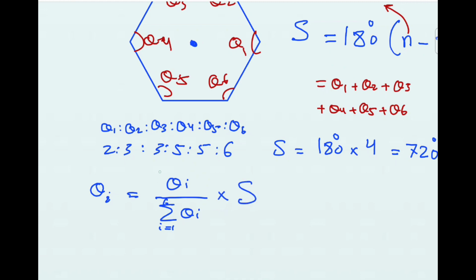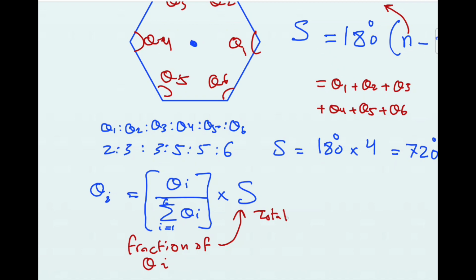So this is basically the fraction of theta i compared to the total sum.